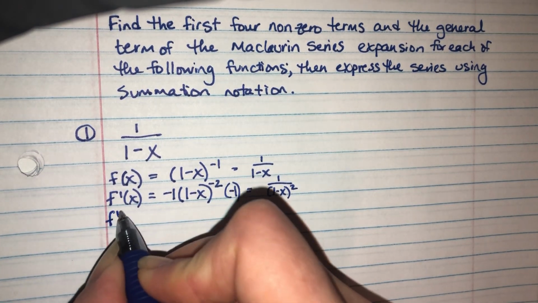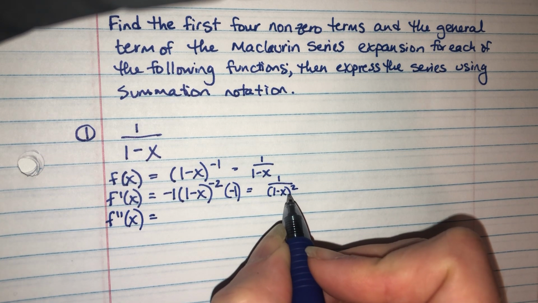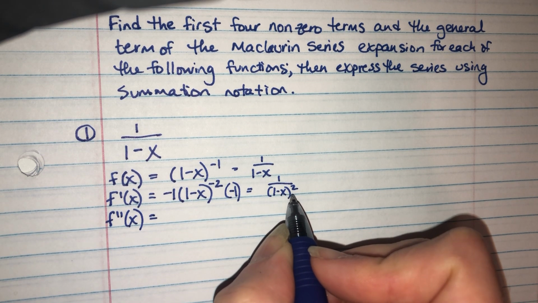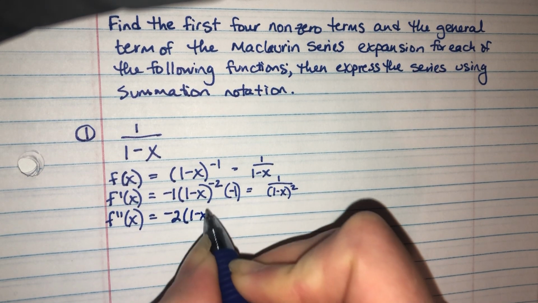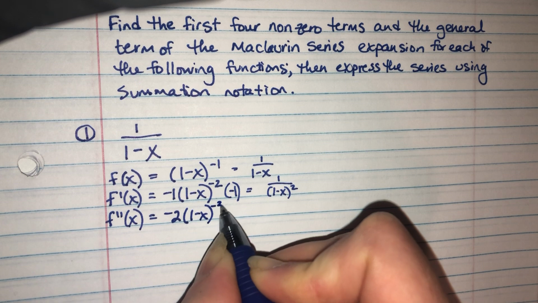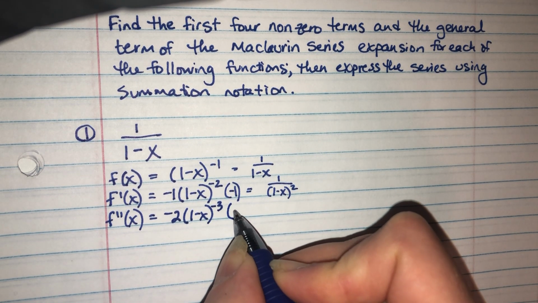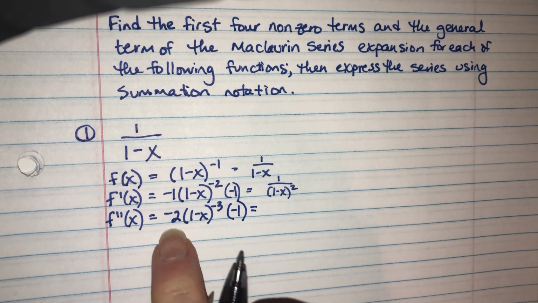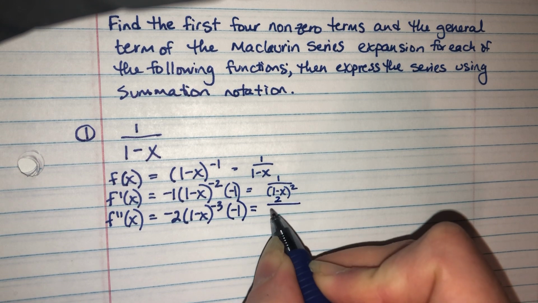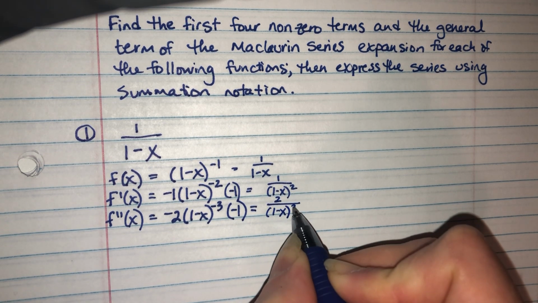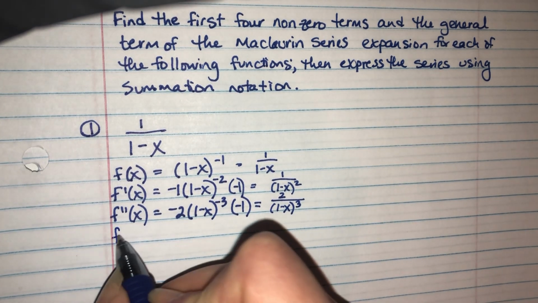Now our second derivative is, well, we want to think of this as like 1 minus x to the -2 power. So our -2 is going to come out in front, 1 minus x in the parentheses, subtract 1 from the power to get -3, multiply by the derivative of the inside function, -1. So -2 times -1 gives me +2 over the quantity 1 minus x cubed. And now I'm going to take the third derivative.